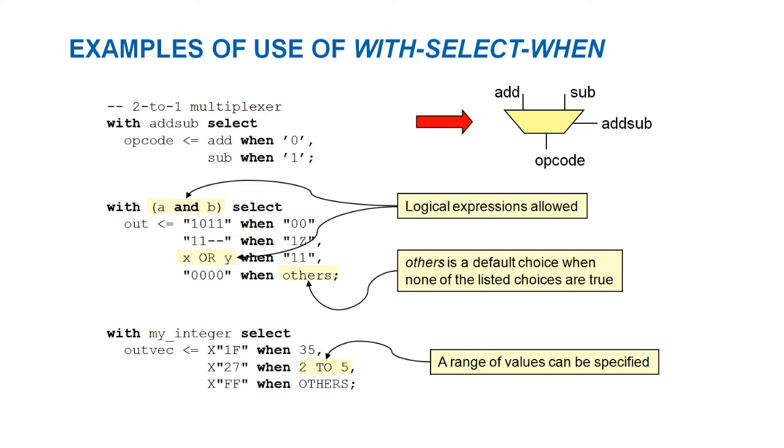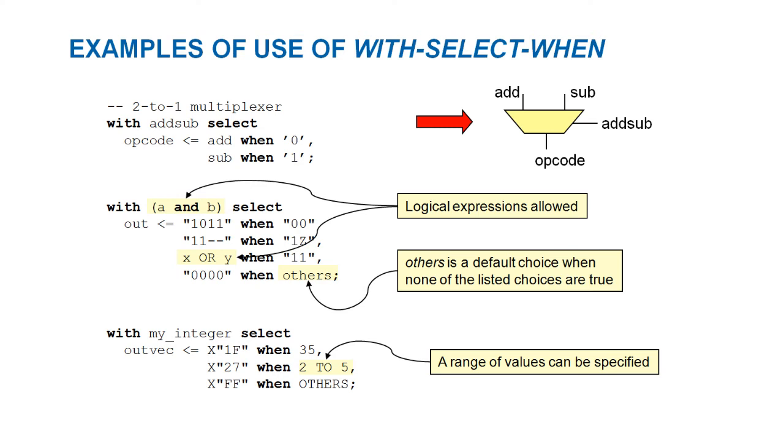Well, we can do this by saying that when A and B evaluate to 0, 0, output 1, 0, 1, 1 should be assigned to the out signal. And this can continue all the way down to others. Others is the default. It's always necessary and recommended that we always have an others in the implementation.